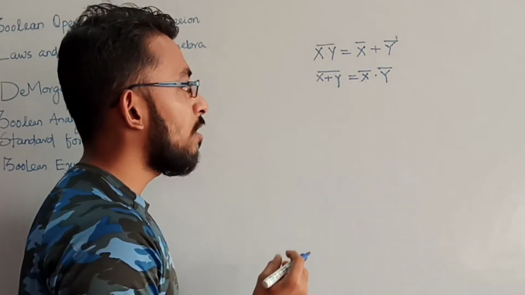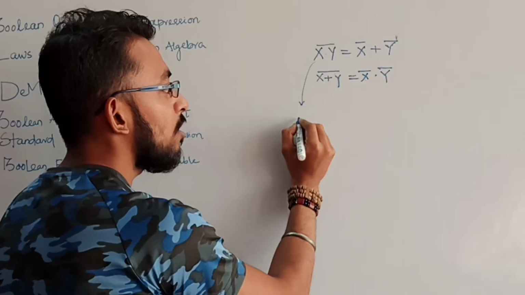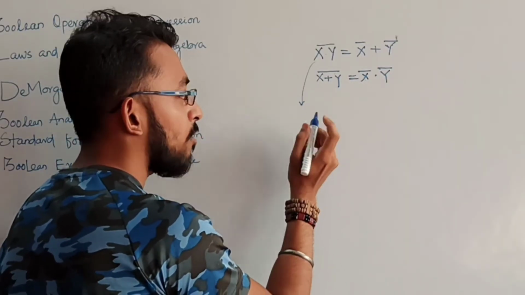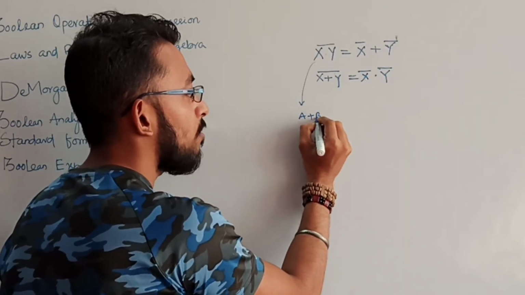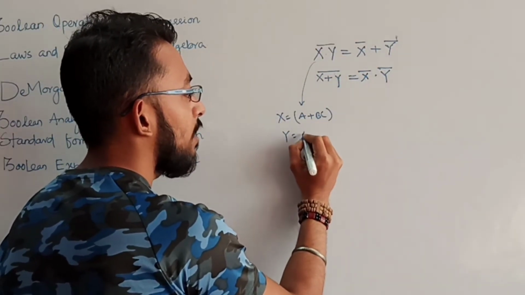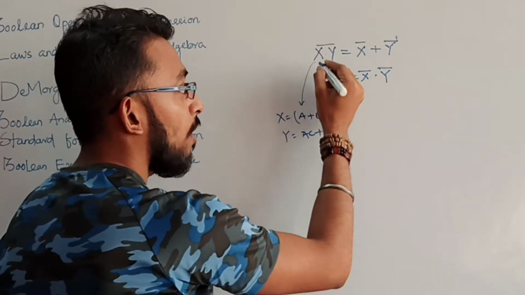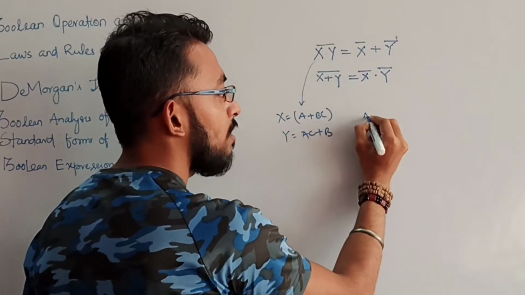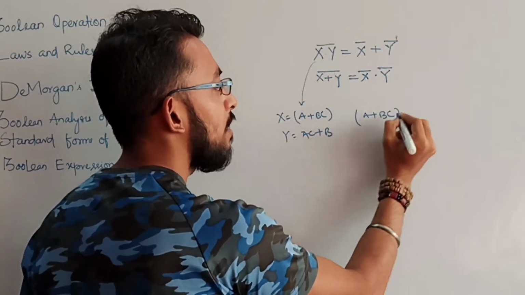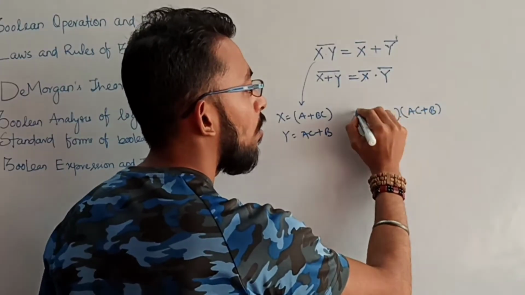Based upon this theorem, in place of x we can use any expansion, for example a plus bc. Our x can be a plus bc, our y can be ac plus b. So x dot y means a plus bc dot ac plus b, whole bar.